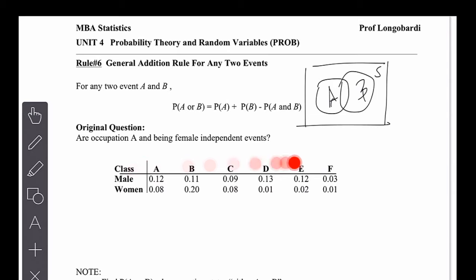One is class and the other one is gender. So I have made a matrix or a table of all the possible outcomes.